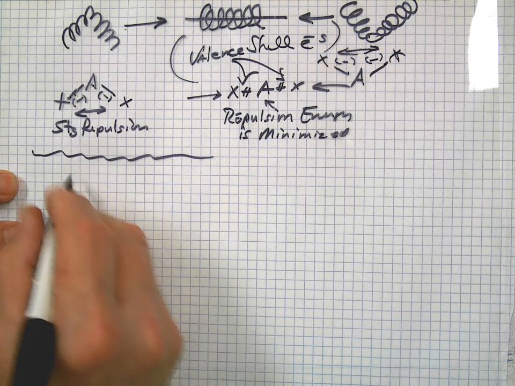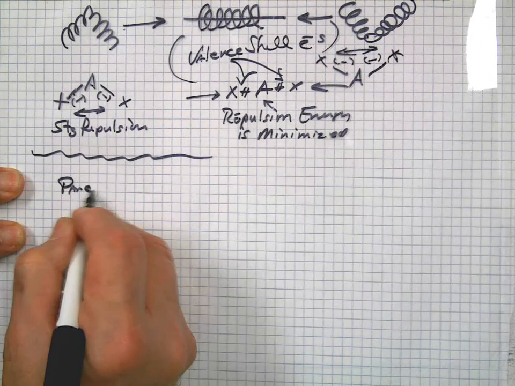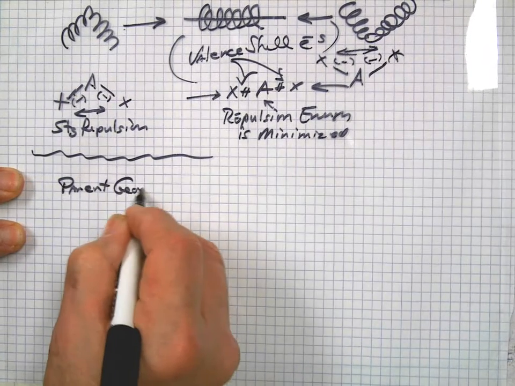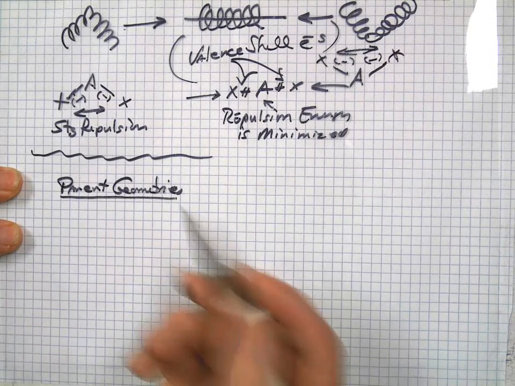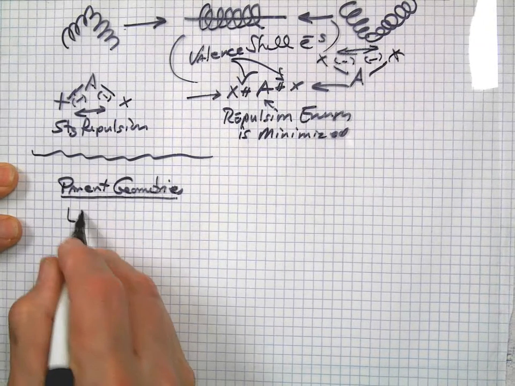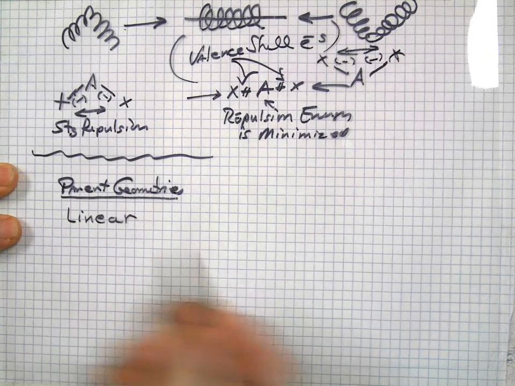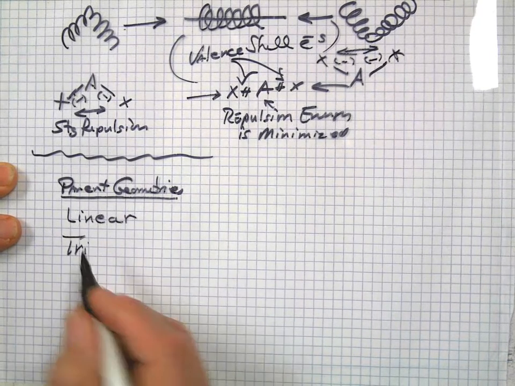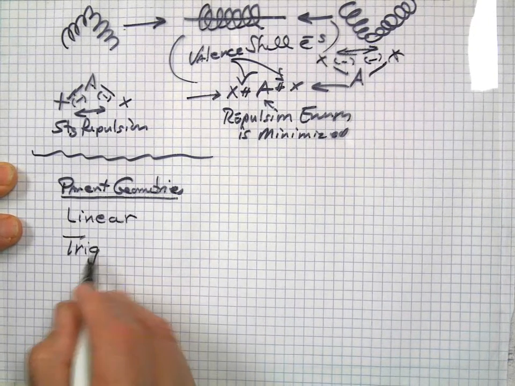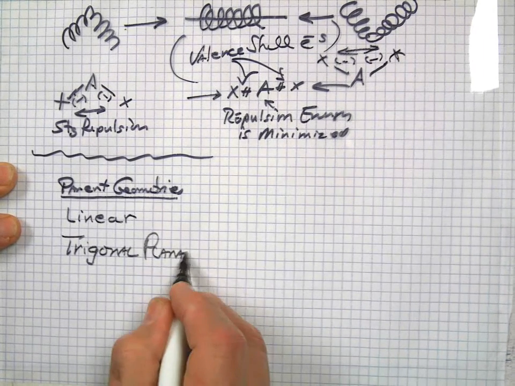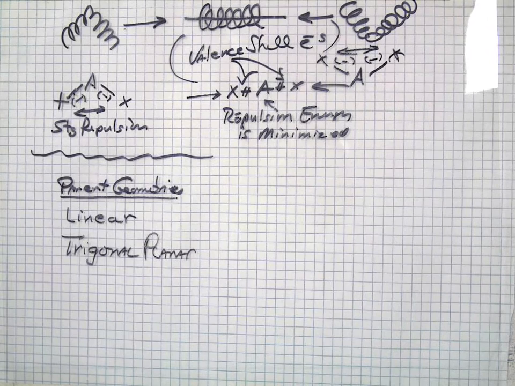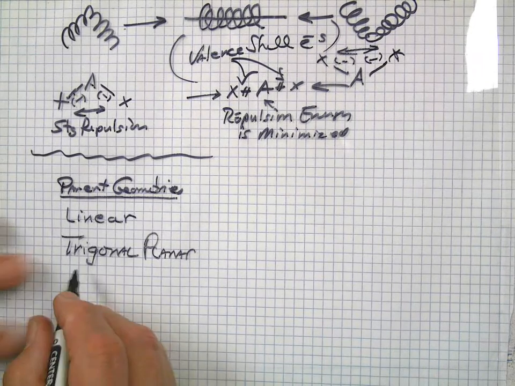So the parent structures, parent geometries are linear, trigonoplanar. Yes, you have to learn these. After you work with them a while, they'll become pretty natural.